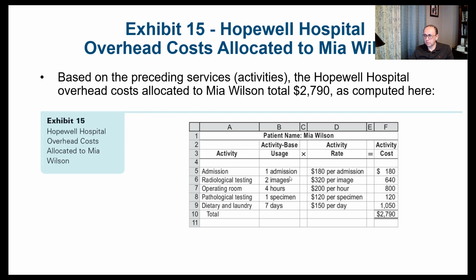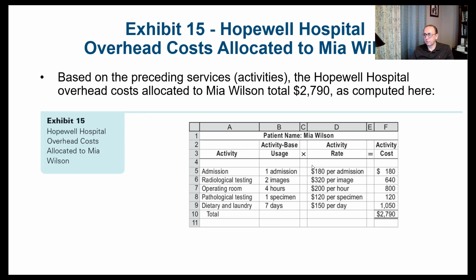One admission, 2 images for radiology, 4 hours of operating room, 1 specimen of pathology, and 7 days for dietary and laundry. We take these numbers multiplied by the rate and we get the activity cost that would be allocated to that patient.